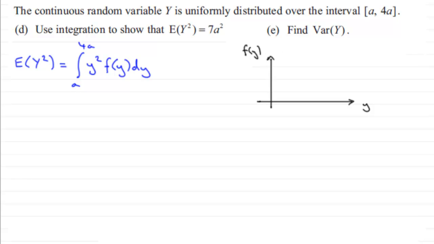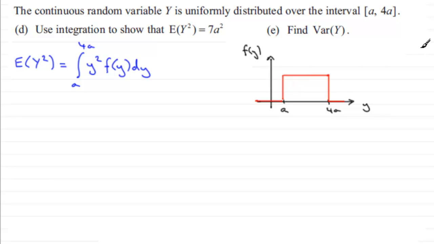It's going to go from a, let's say a is here, to 4a. It's not drawn to scale, but hopefully it gives you an idea. It's a uniform distribution, so we're going to have a horizontal line, and it's 0 otherwise, so it's going to look like that.